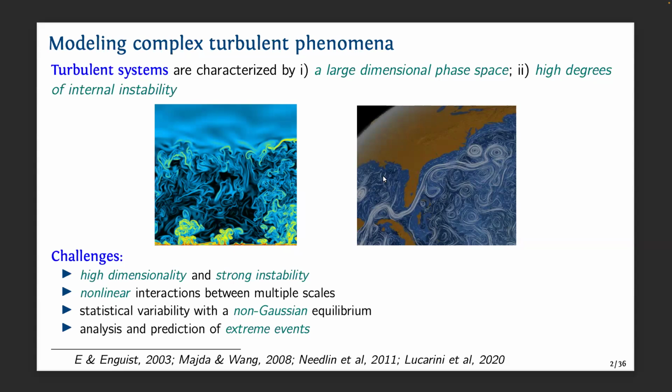But as you can observe here, even though this is from vastly different physics, similar structures can be observed. There are vortices generated with different scales, and these different vortices are closely interacting with each other due to the nonlinearity of the system.